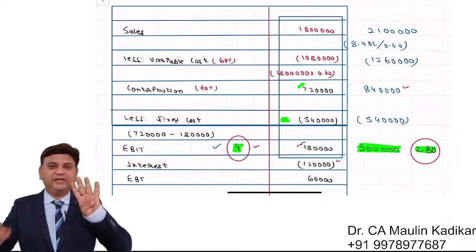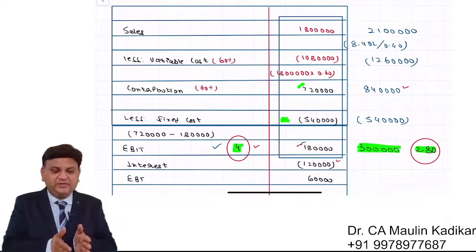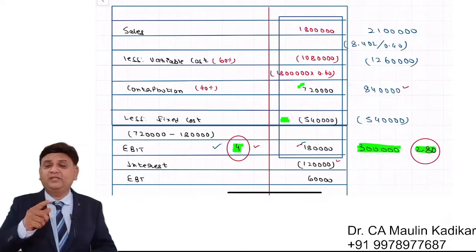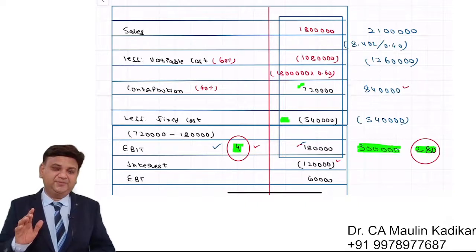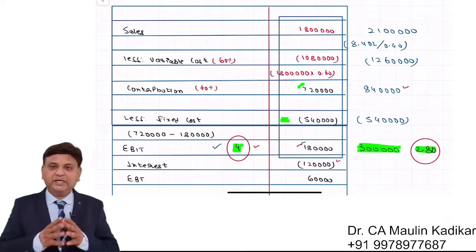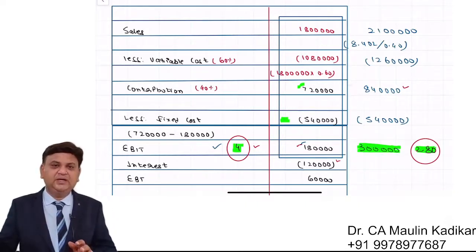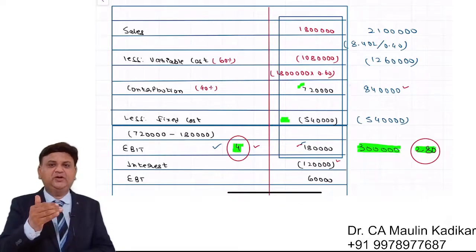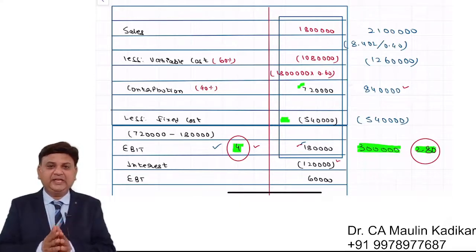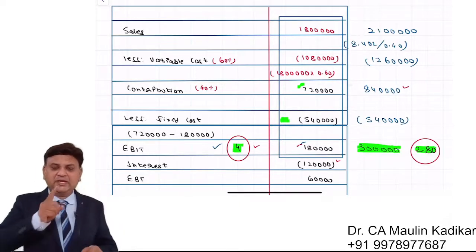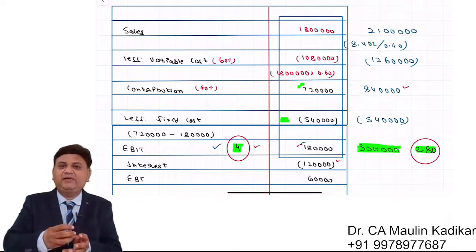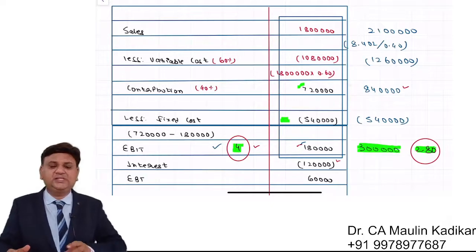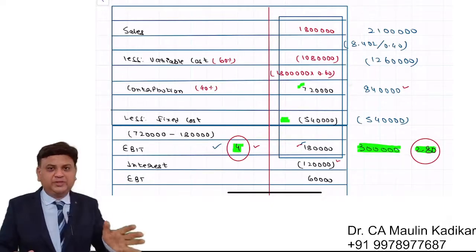Now, if there is a variation in the sales at this point of time, then definitely it will have an impact, and we will have a different EBIT. I repeat that again. Right now, when the sales is 18 lakhs, variable cost is 1080, contribution is 720. At that time the DOL is 4. Now if the existing sales of 18 lakhs changes, then for every 1% change in the sales, EBIT will change at the rate of 4%.